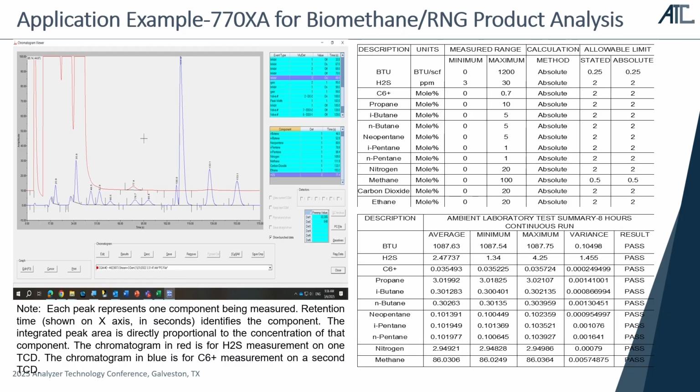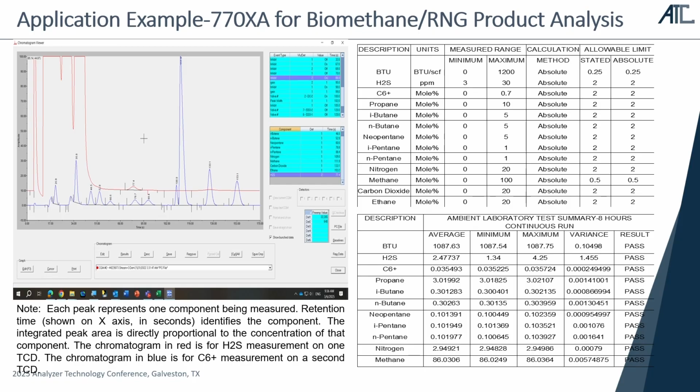So if you look at the elution, the retention time table on the right, the H2S is highlighted on the bottom. I can't read the number, but you look at the elution time, the seconds, then you go to the left, you find the peak. The H2S peak is that little peak in the center, the red one, because the level being measured is very low, right? Only 3 to 30 ppm. The peak is very small.